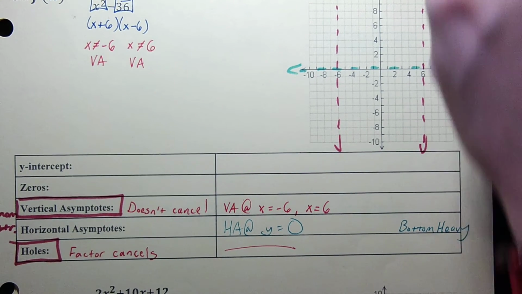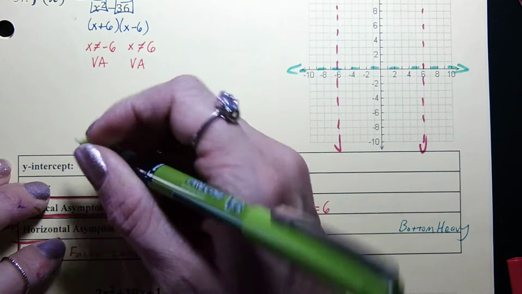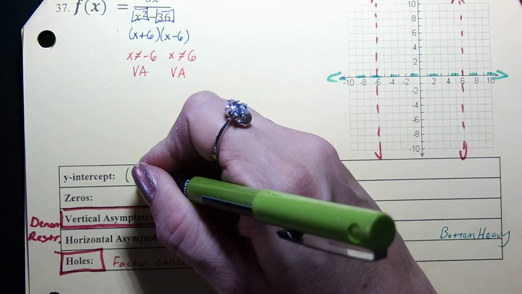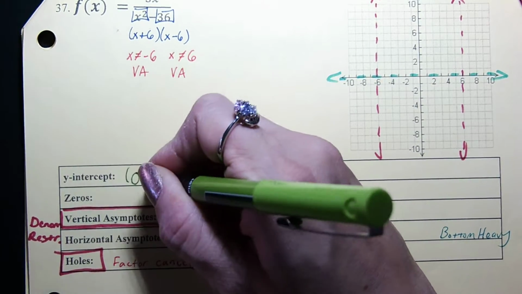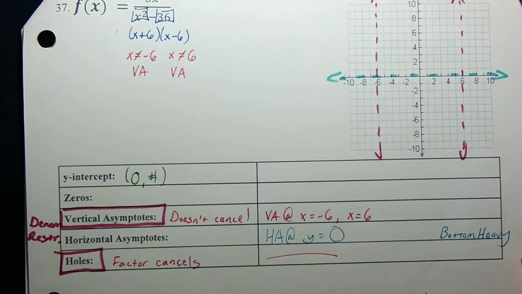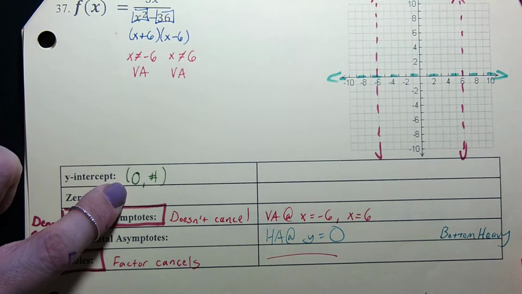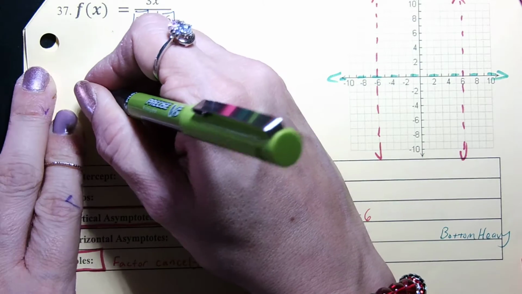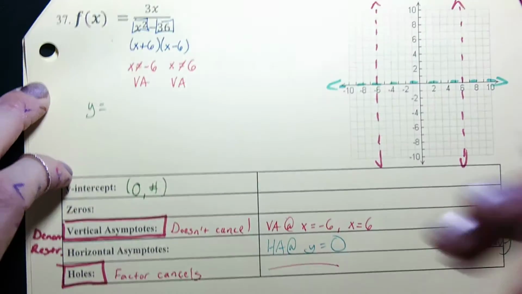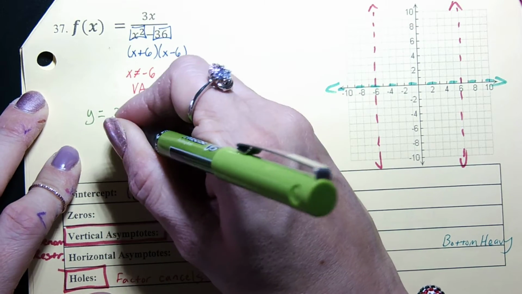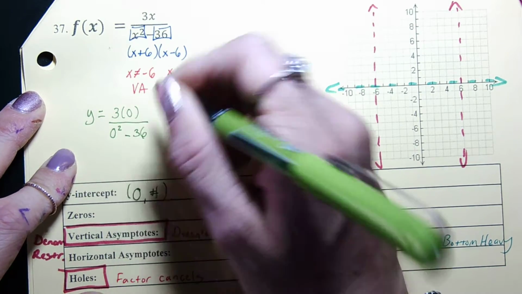Now for the y-intercept, is that going to be a number and 0, or 0 and a number? Zero and a number. The y-intercept means a number for the y value. So how can we find the y-intercept? We're going to plug in 0 for x. So f of x, or y, equals 3 times 0 over 0 squared minus 36.